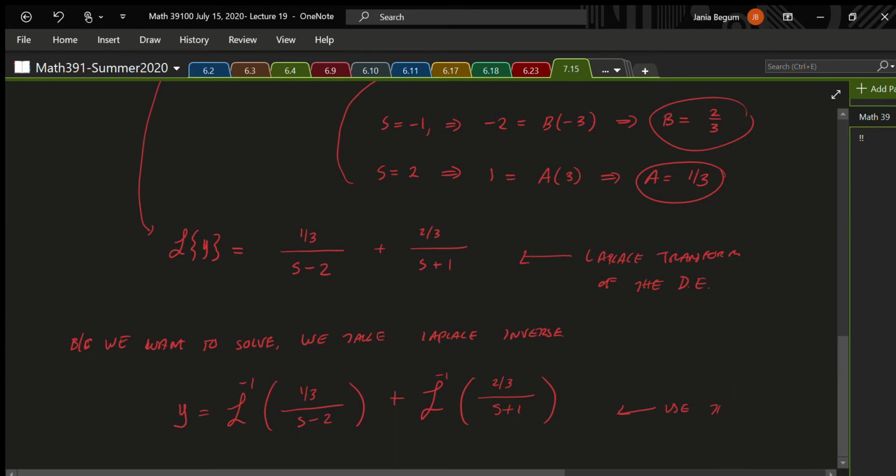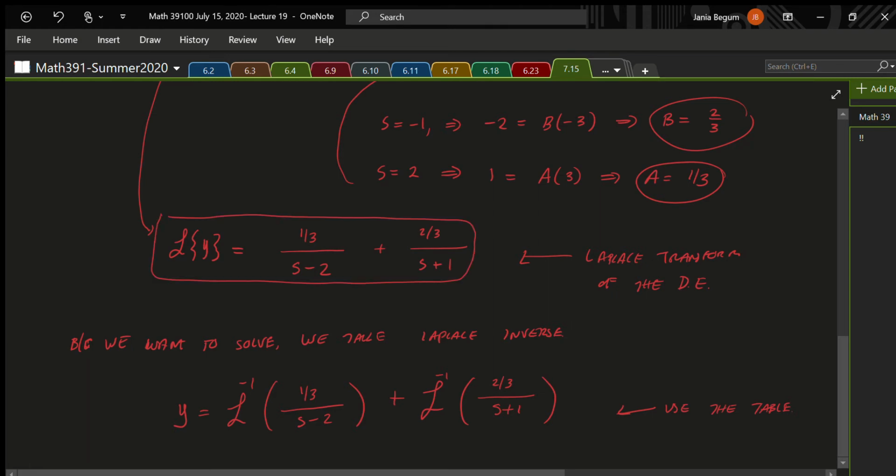So use the table. Now if you're given this question on the final, I'm sure he'll provide you the table, okay? Because without the table, you don't want to memorize these Laplace functions. Like, come on. You will be provided with the table if you were to do the inverse. But if you don't, then your answer will just end right here.